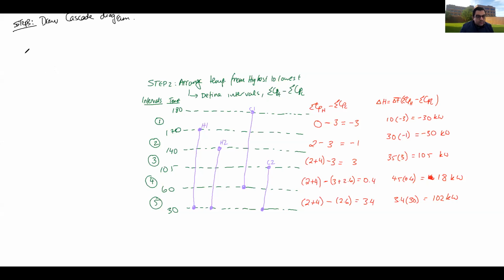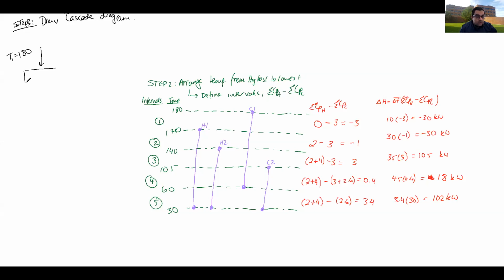If you recall, I'm going to start with my first temperature. T1 is equal to 180, and then I'm going to draw a line here.